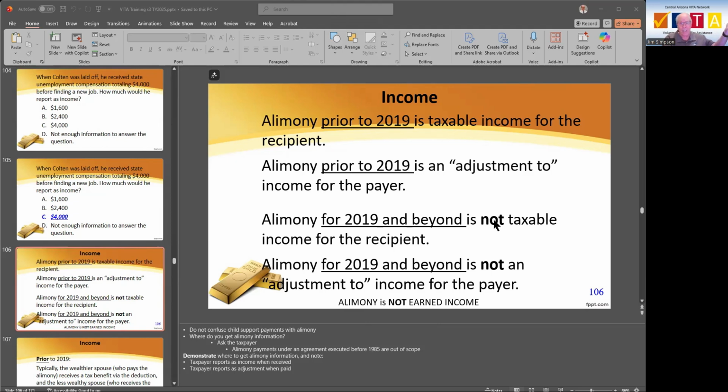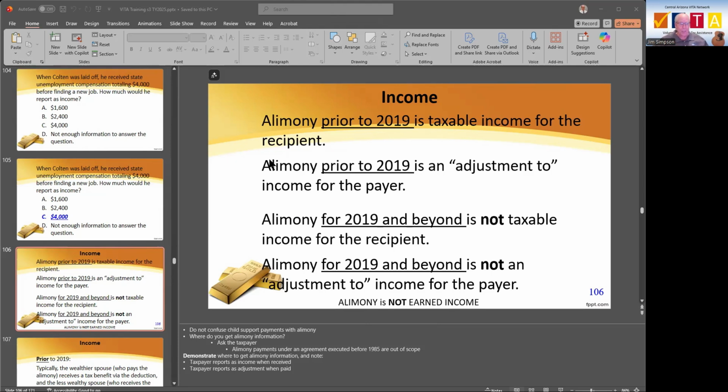And in a higher tax bracket, and the recipient would be in a lower tax bracket, and then they go negotiate how much the alimony will be just to cover the taxes. But what they were doing was they were achieving the lowest taxes possible. And this is one reason why it changed in the Tax Cut and Jobs Act, because they needed to find some tax savings. And this is one place where they found some tax savings.